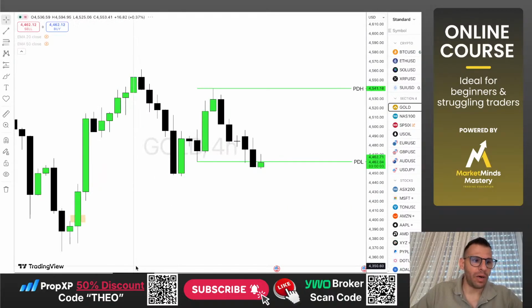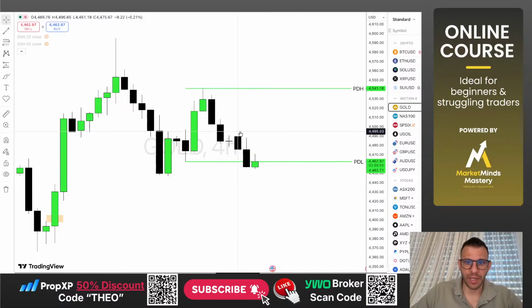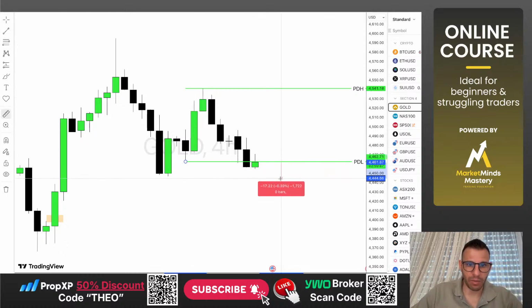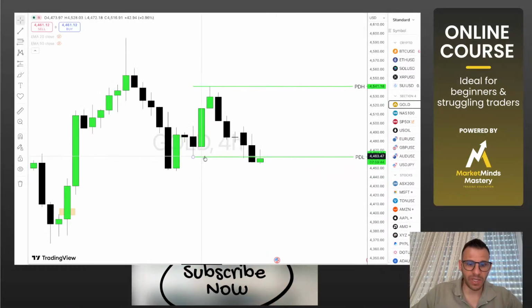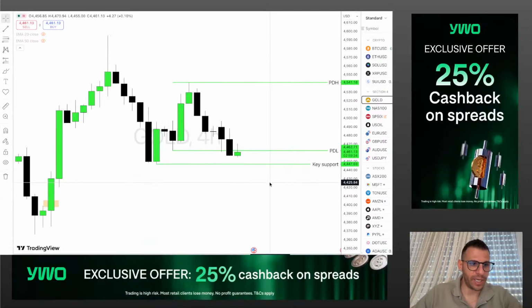So 4-hour, on the 4-hour, the price is making lower highs and lower lows, and this is more bearish. I see another key support here. Let's count how many pips. We are 16 pips away from that key support, so we will add it on our chart. Key support, so we know for our trading session.